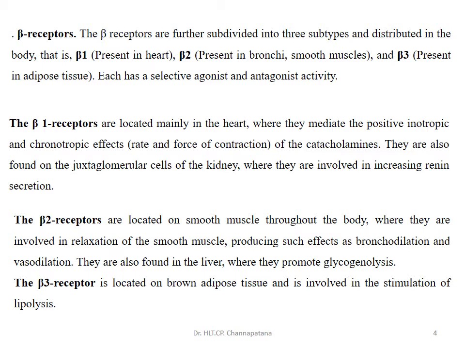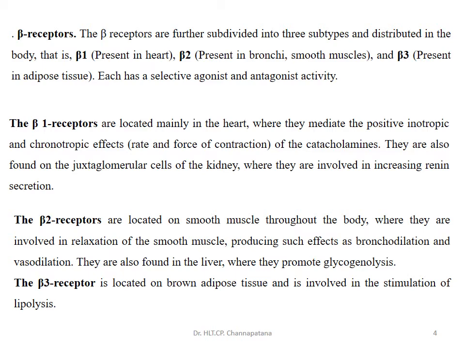So beta 1 is present in the heart where it shows a positive chronotropic effect and positive inotropic effect, that is, rate and force of contraction will increase. It is also found in the juxtaglomerular cells of the kidney and increases the release of renin.